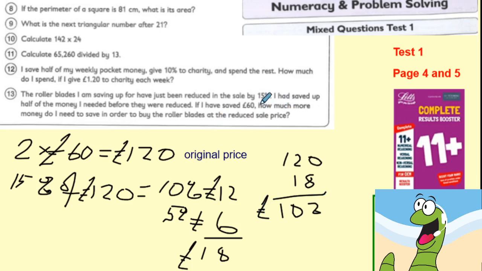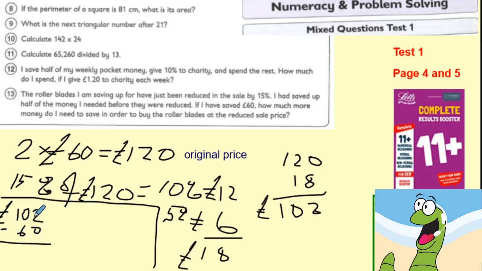So they want to know, how much more money do I need to save in order to buy the rollerblades? So we've got £102, and we've already got £60, so we're now going to subtract £60 from that 102.